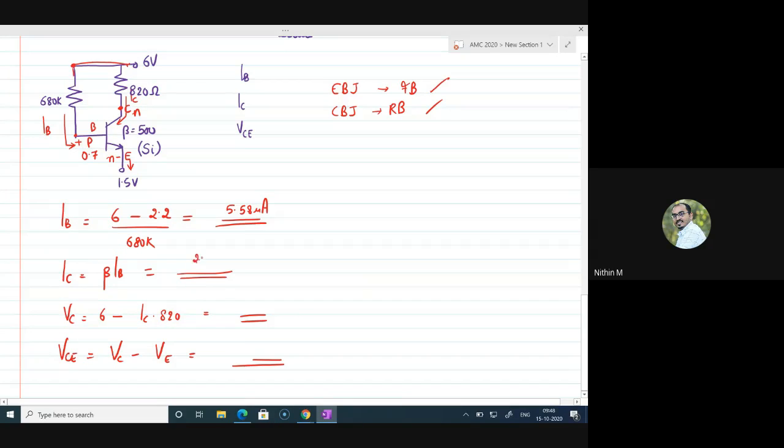IC is 2.79 milliamps. So with that you will get VC. VC is 3.709 volts, and that minus 1.5 will give you 2.209. Right.